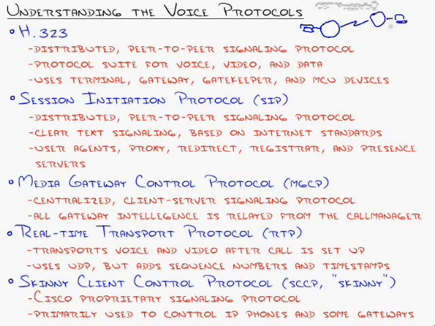H323 is designed in itself to be peer-to-peer, meaning when this phone dials, we'll say 1111, which is this phone over here, it hits this router, and this router is supposed to have a dial plan in itself that says, I know how to get to 1111. And it says, oh, that points over here to this router. And this router has a dial plan saying, well, I know how to get to 1111. And it makes this phone ring.